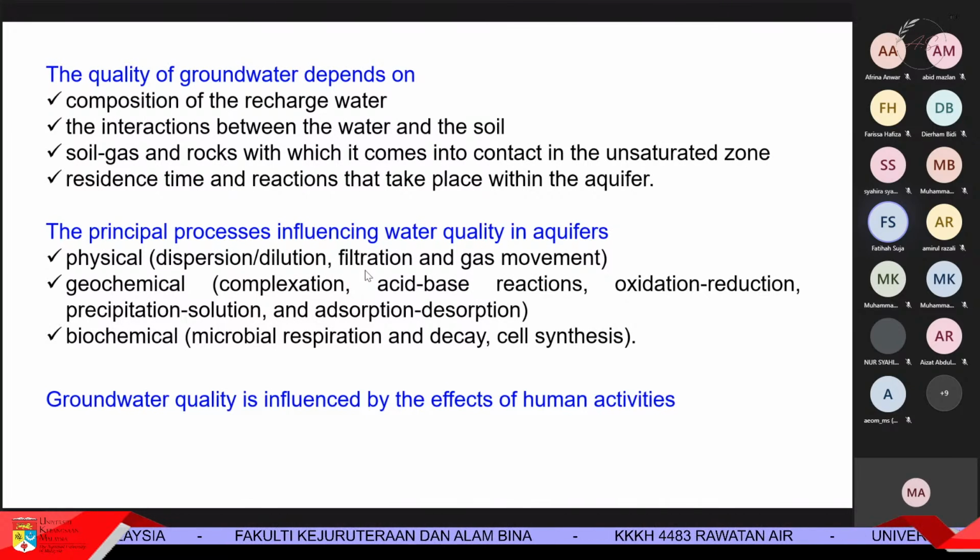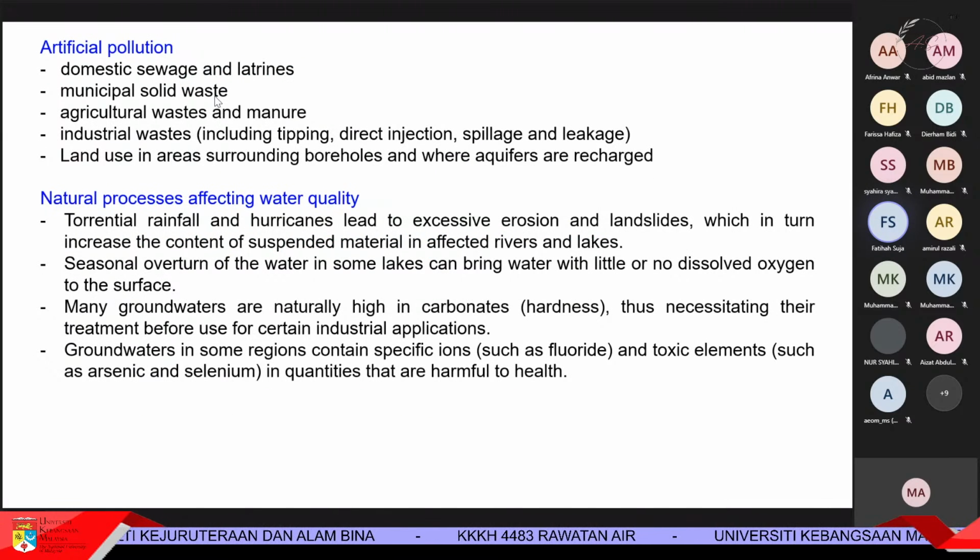Okay, natural processes affecting, I think this is where I want to explain to you about the confined and unconfined aquifer. First, before talking about the quality of groundwater, I want you to understand what the confined and unconfined aquifer are, because this is important for you to be able to understand why certain groundwater has different characteristics.